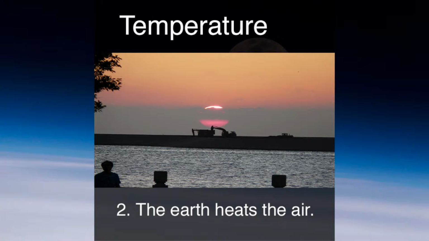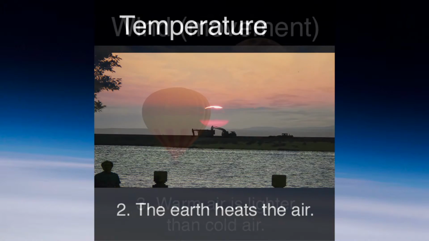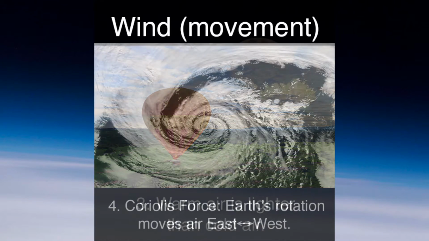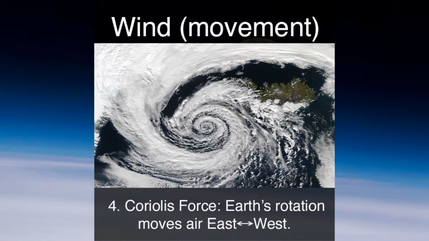Thirdly, in looking at the movement or wind, we will note that the weight of air is different. Warm air is lighter than cold air. And we will also notice that the rotation or spin of the Earth moves the air by what we call the Coriolis force.